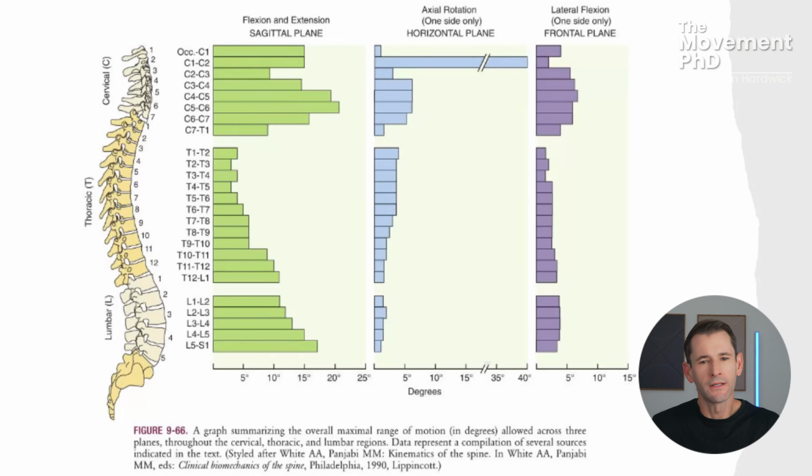I alluded to this a little bit as we discussed each of the different vertebrae, but really most of your motion available in the spine is coming from the cervical spine and a little bit from the lumbar spine. So in green on this graph here, that's our sagittal plane motion, so flexion and extension. You can see that most of that is coming from the cervical and those lower lumbar vertebrae.